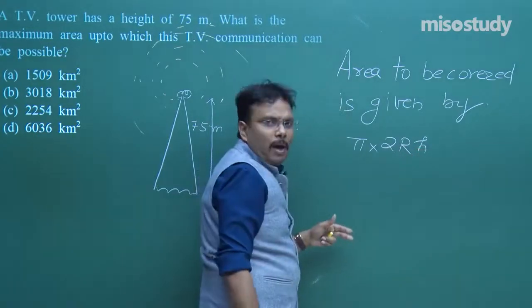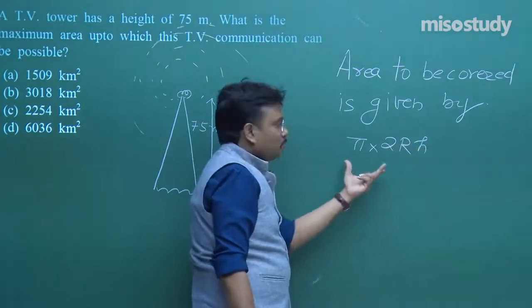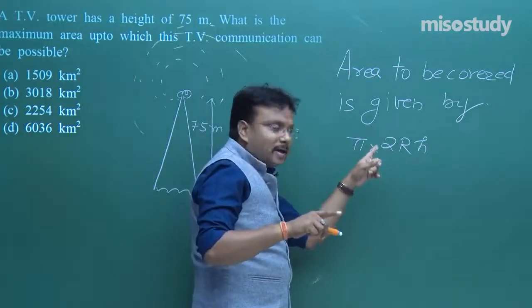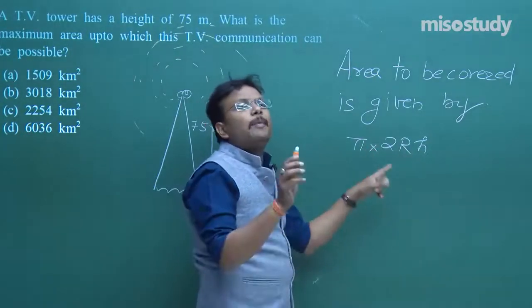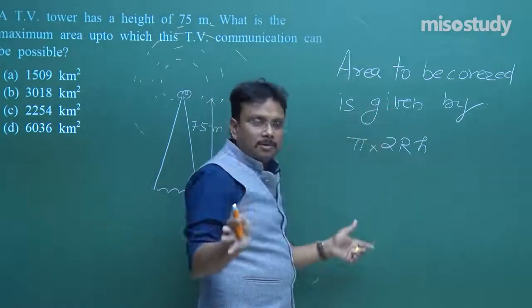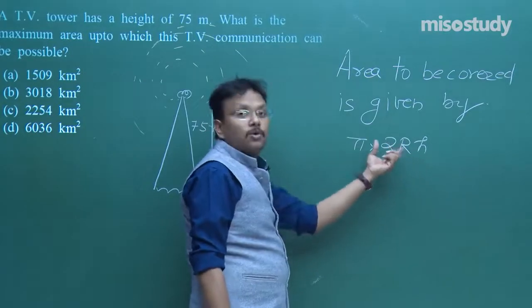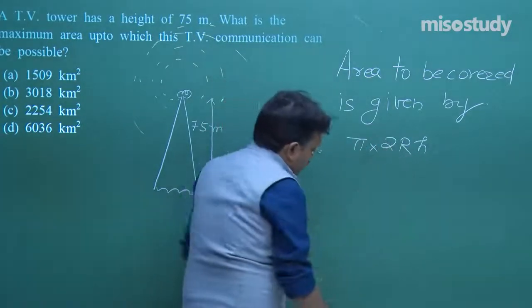Basically it is pi r square. So simply by using r square, meaning 2 into rh under root, which I used just 2 minutes back, I am directly putting the values. Pi r square, the area of a circular shape, so pi r square is 2 under root 2 rh.